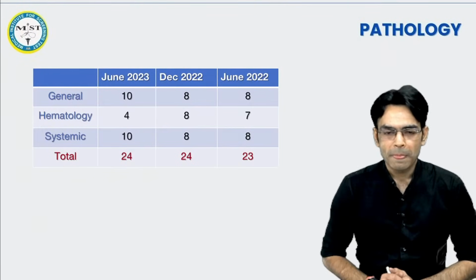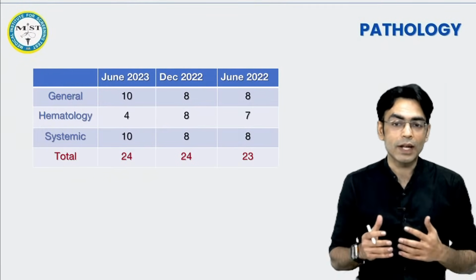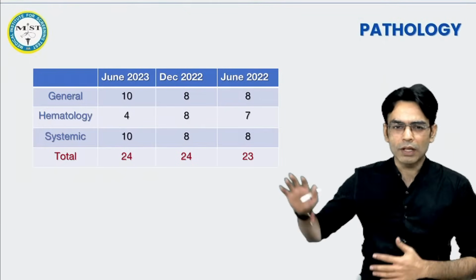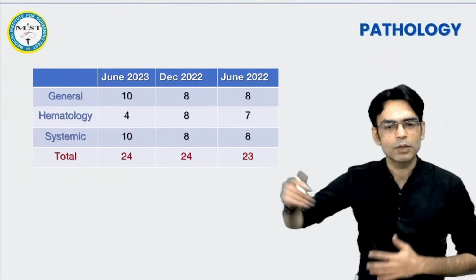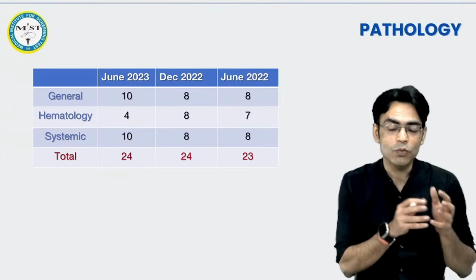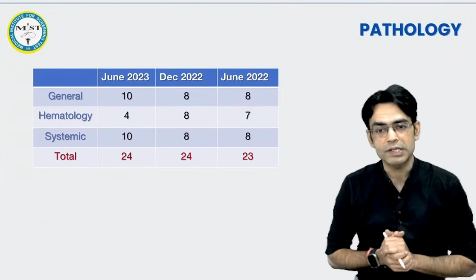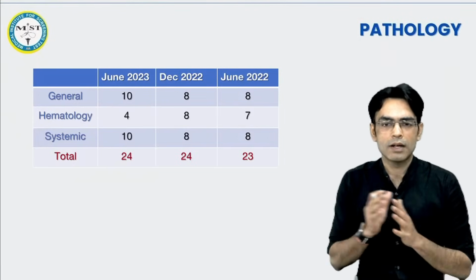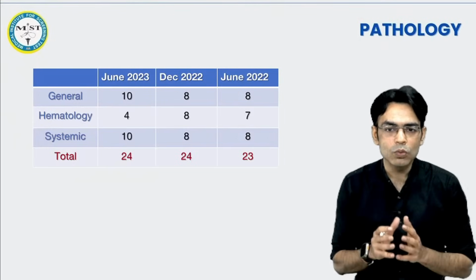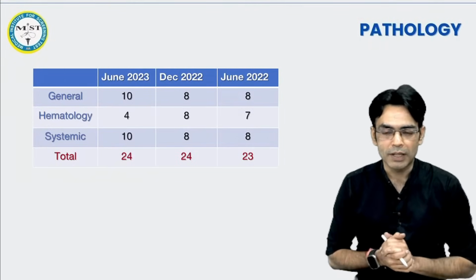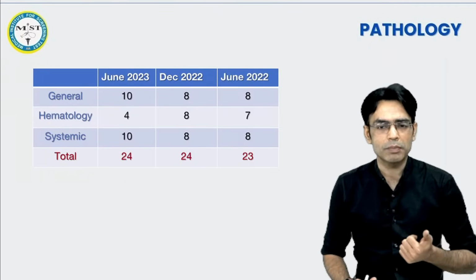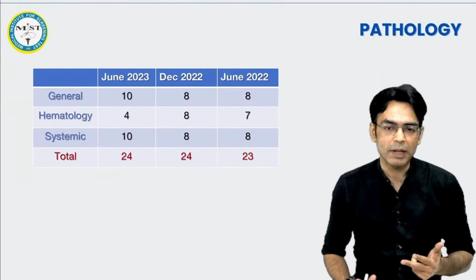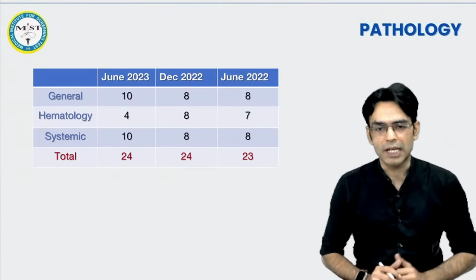Pathology is divided into three halves: general, systemic, and hematology. Only last time there was a little discrimination as to which topic how many questions came, but generally they keep an equal distribution across the topics. So whether we talk about general pathology, hematology, or systemic pathology, the number of questions coming is the same.